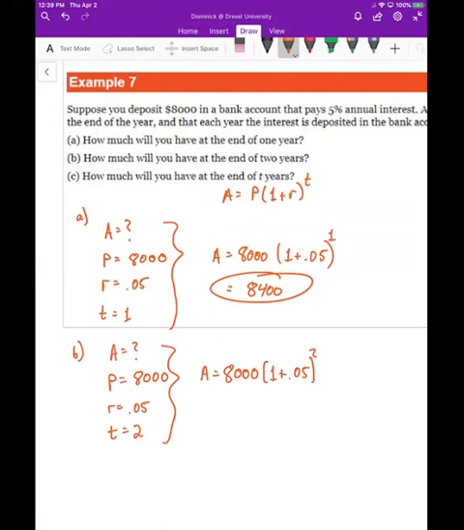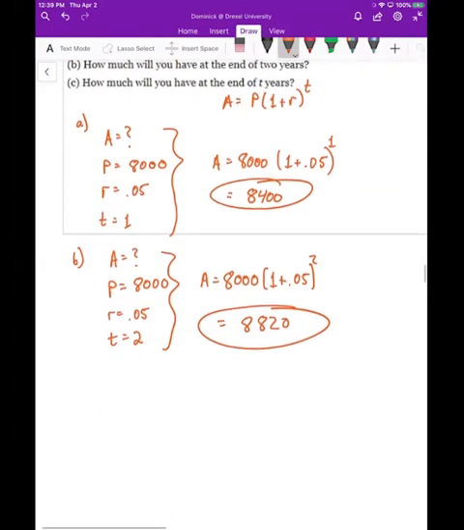So now if we calculate 8,000 times 1.05 squared, here you get 8,820, right? So you're getting an extra $20 in this case, because now you're accounting for that $400 that's already in there.